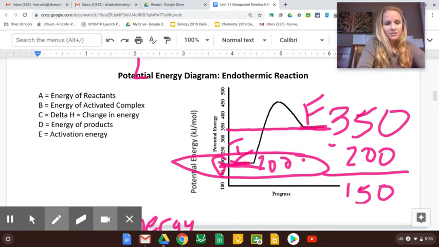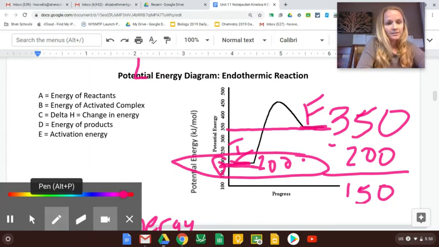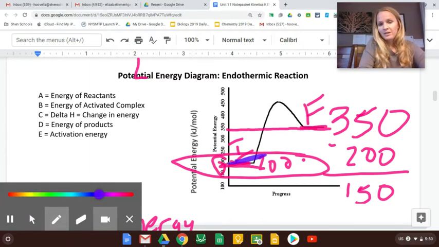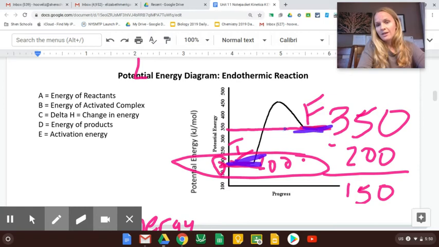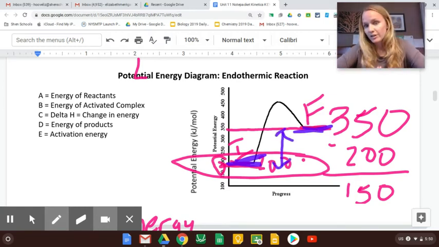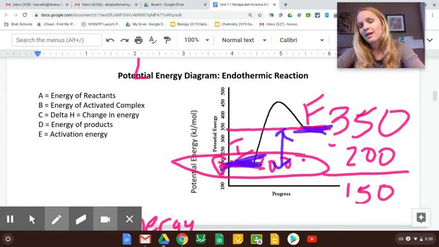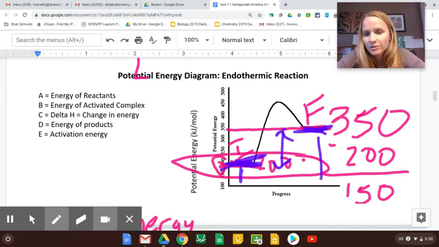So that difference right there, from here to here, that is your heat of reaction or energy of reaction. It's the net difference between the beginning and the end. And that's one of their favorite things to ask. And sometimes people have a hard time seeing it, because reactants are here, products are here, that's not so bad.